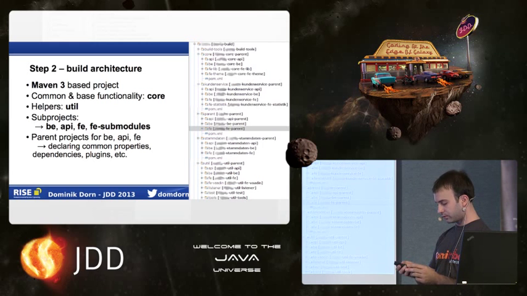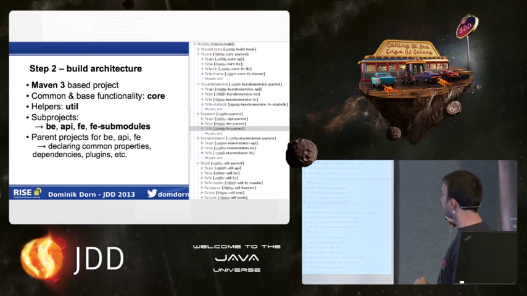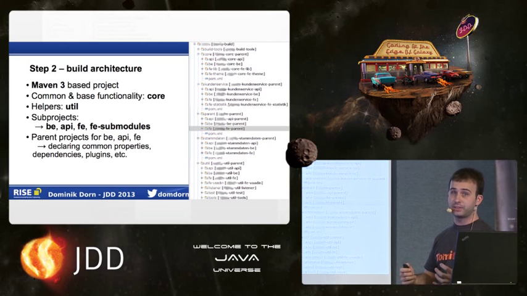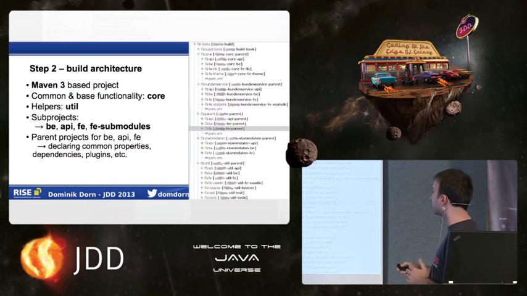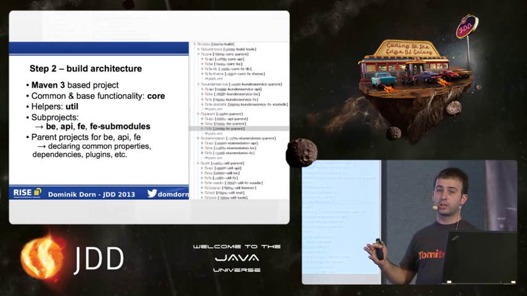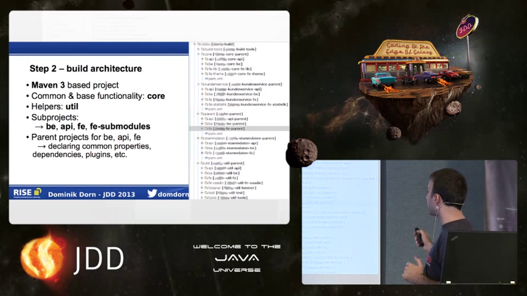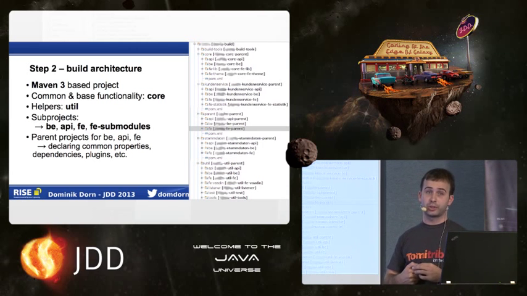So how does this work? We have a core module that's basically containing all the stuff that every module needs. We have a utility module that has helper stuff, and every basic module of our application has submodules. One submodule is for the front end.